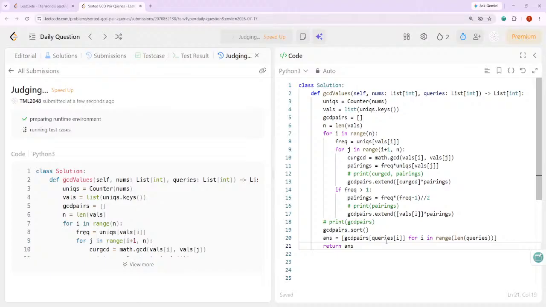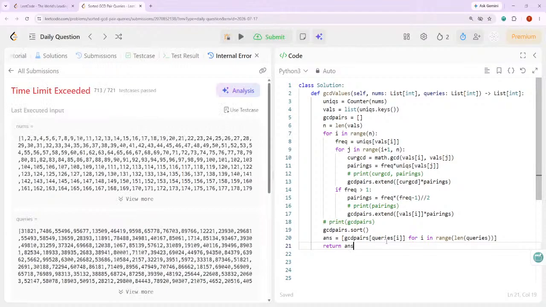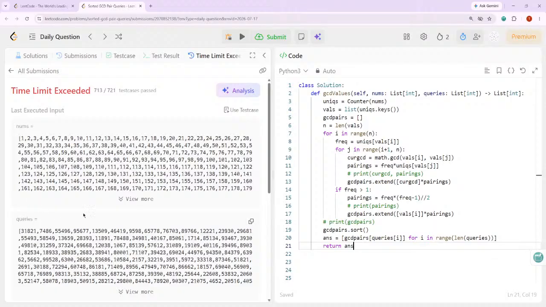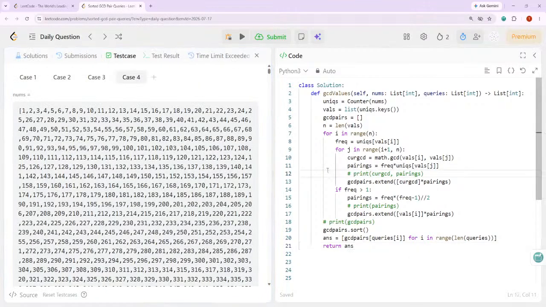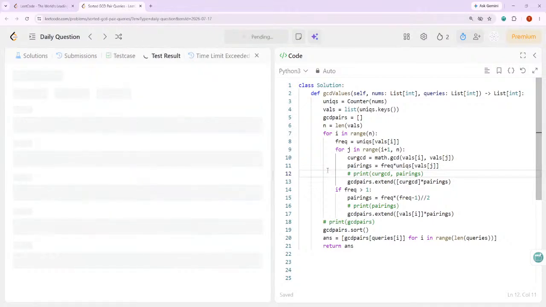Probably too slow still. Yeah, looks like it's too slow. Okay, so how long does this test case that it ended with take?